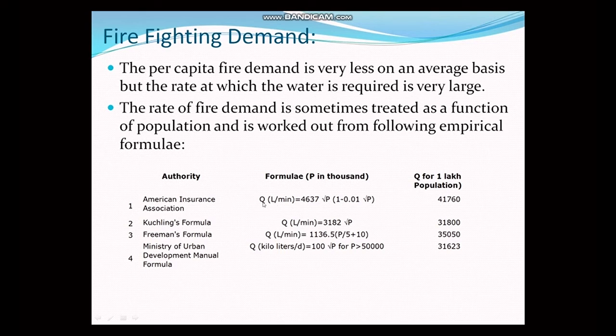As you can see, the formula is Q equals 4637 root over P multiplied by 1 minus 0.01 root over P, where Q is the required supply rate of water during firefighting measured in liters per minute, and P is the population measured in thousands.